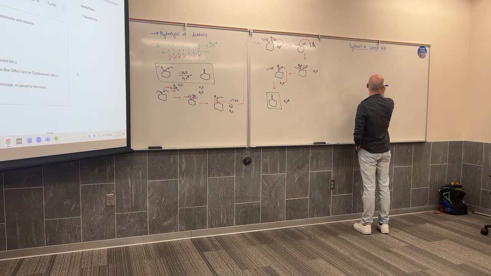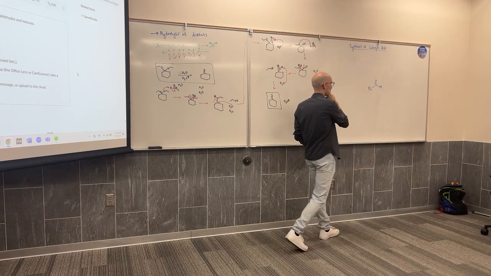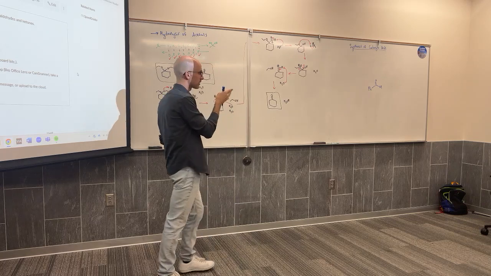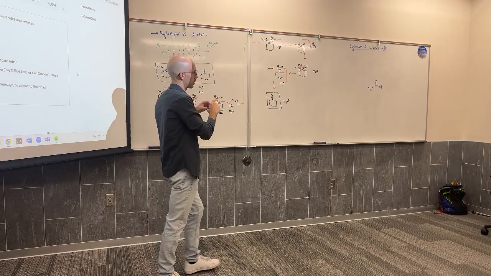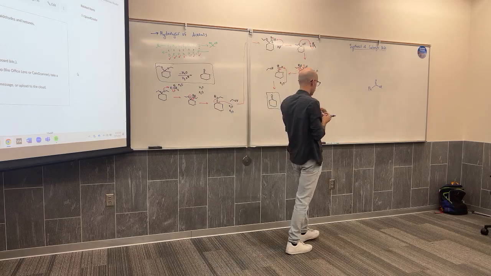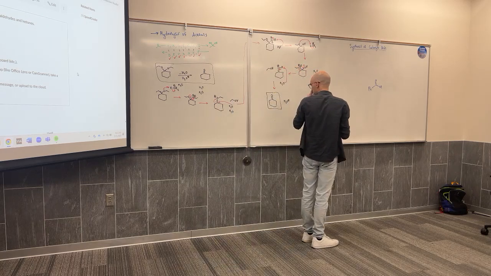Let's review some ways that we can make carboxylic acids. I'll just take, for example, benzoic acid, and I'm going to give a flow chart showing a lot of different ways that we can synthesize it.